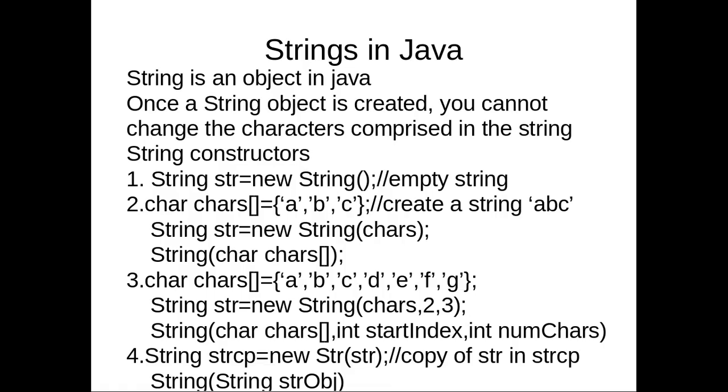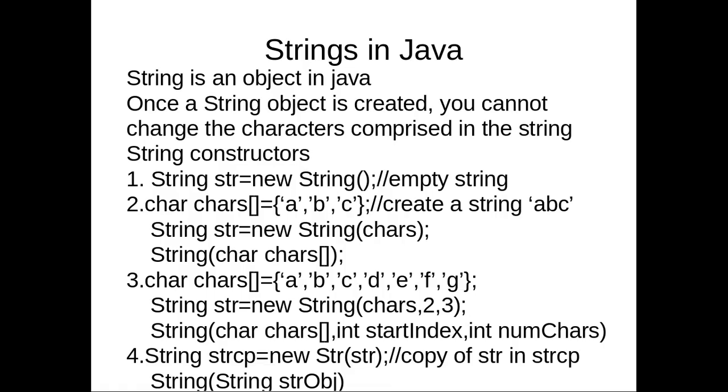Now the fourth type is strcp = new String(str). That means a string is passed as the parameter of the string constructor. A string itself is passed as a parameter. In that case, an exact replica of the object you have passed is created.